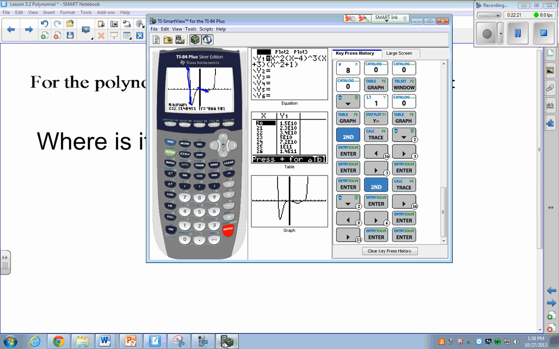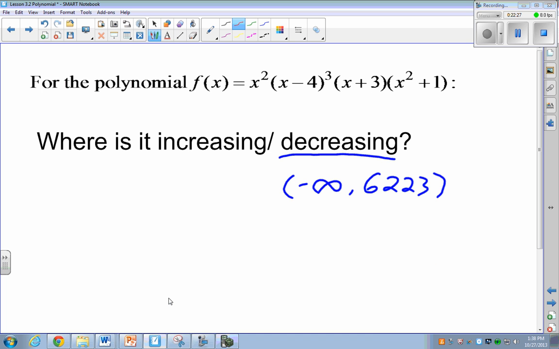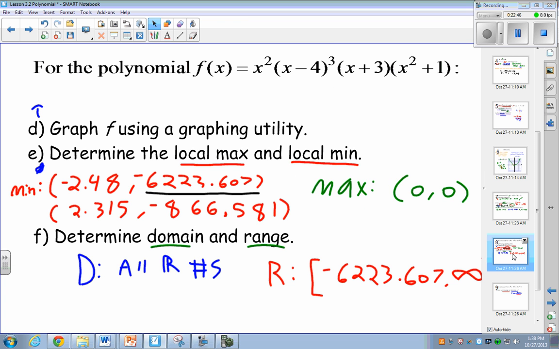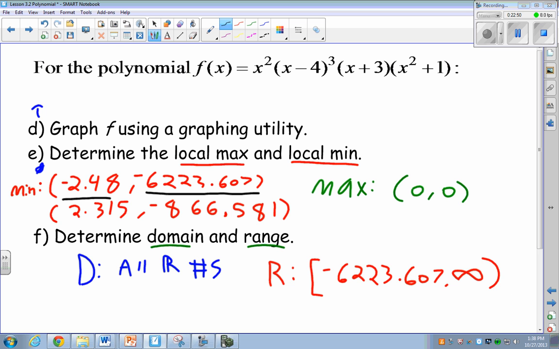Now, after this, it is increasing from that point all the way to our local max, 0, 0. So it is increasing from, oh, by the way, hold up. I actually messed this up because this is a y value, right? And we're looking for x values in these intervals. So instead, we're going to use this x value right here.